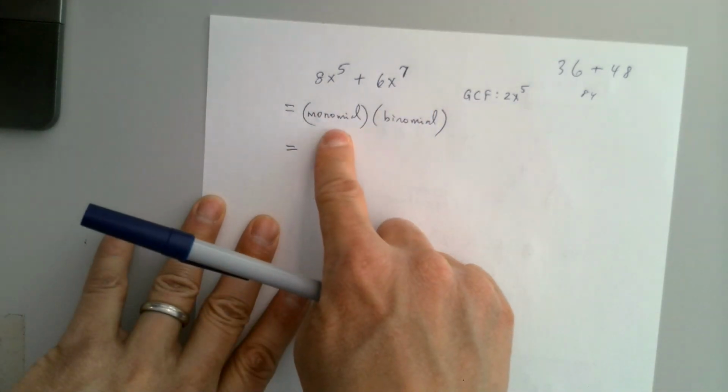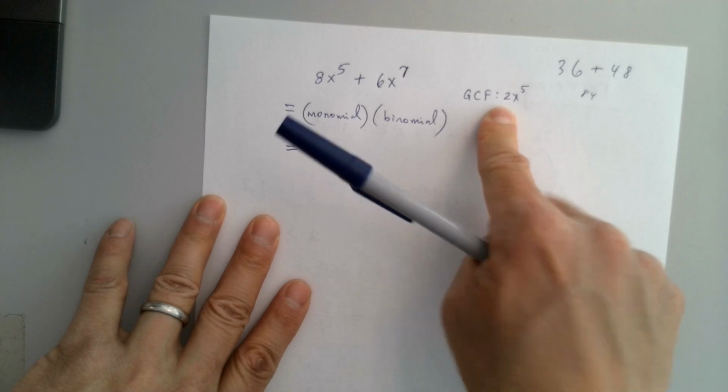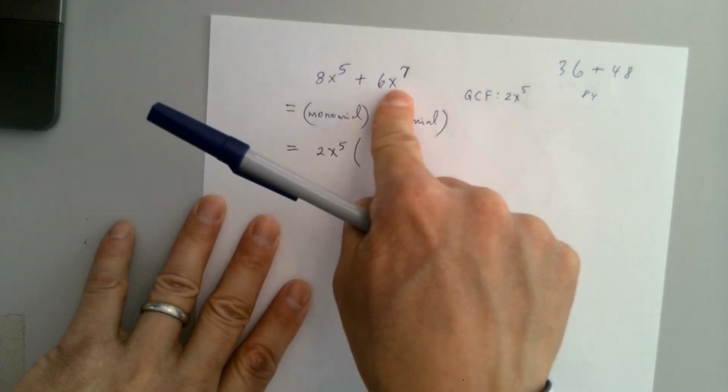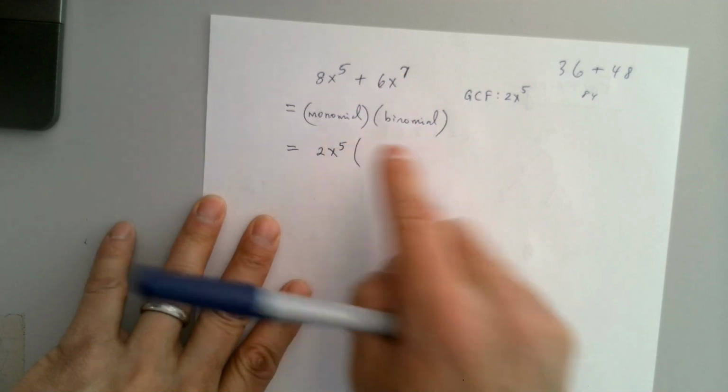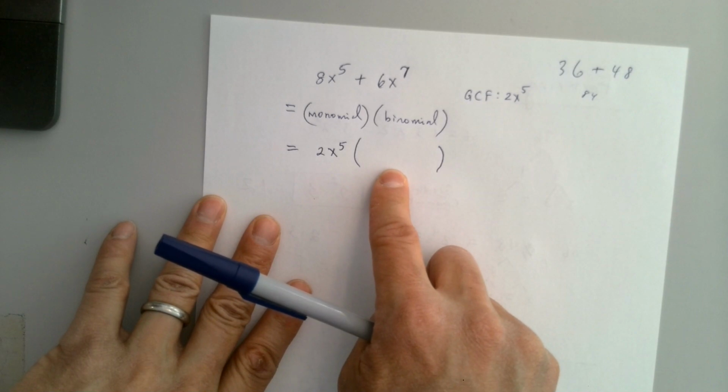What monomial am I talking about? I'm talking about the GCF. I can express this binomial as 2x to the 5th times some other binomial.